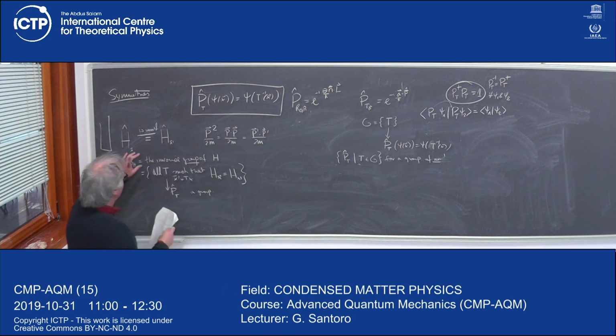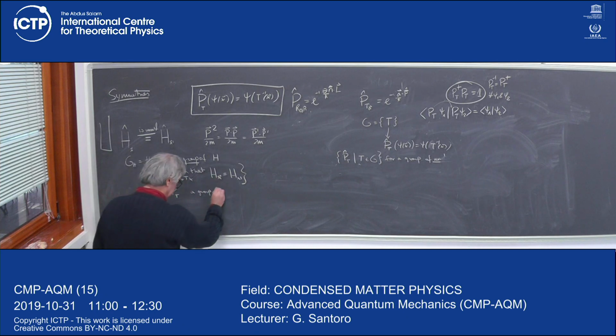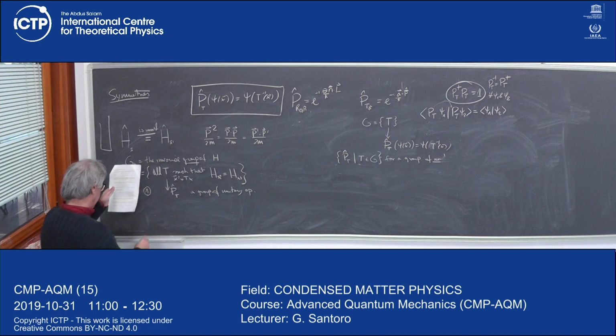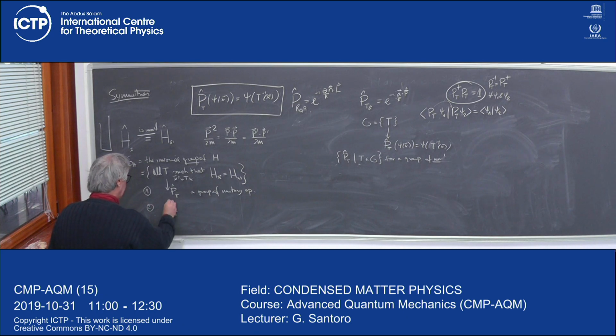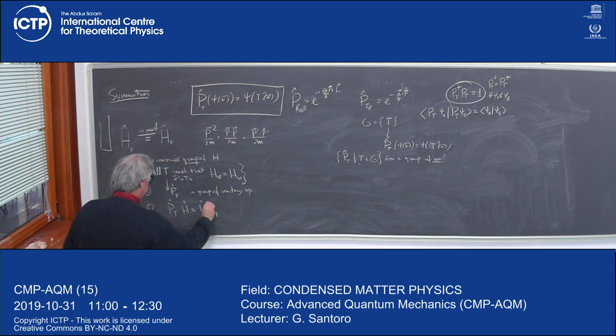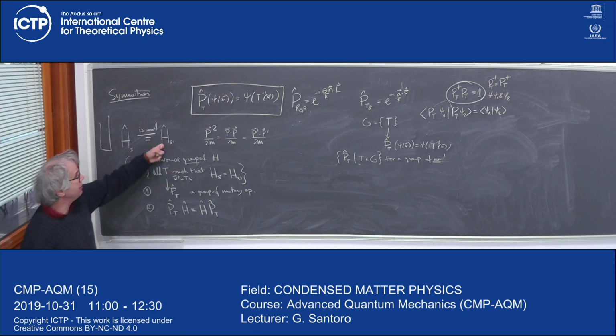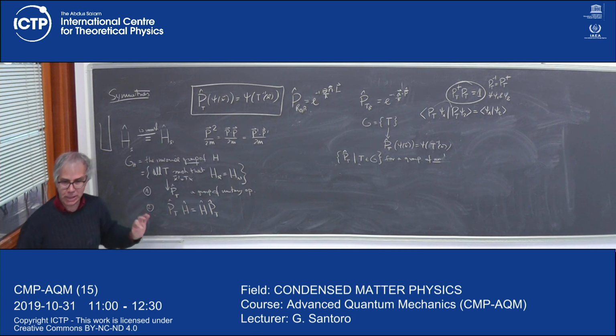So, in particular, for the invariance group of H, the P_T form a group of unitary operators. This is statement number one. It's a kind of trivial case of that. But statement number two is the following: P_T commutes with the Hamiltonian. Okay? This is what I want to show you. And that's the important thing. So the operator associated to a transformation which leaves the Hamiltonian invariant must commute with the Hamiltonian.